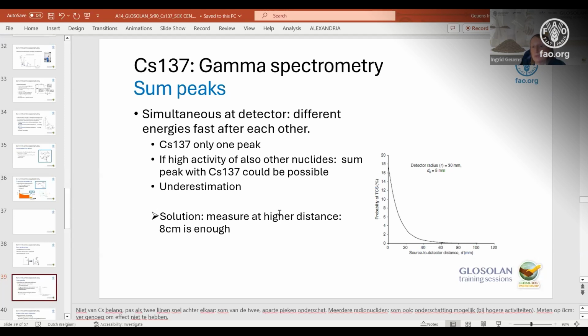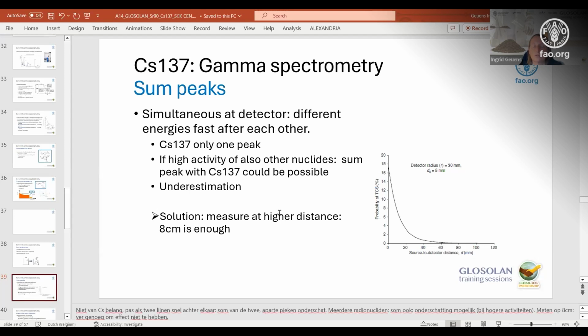And then it gives you also some peaks which you probably will not be able to assign to a specific isotope. However, for this problem of sum peaks, there's an easy solution, because the probability to have a simultaneous entering at the detector goes very rapidly down with the distance to the detector, as you can see in the graph.